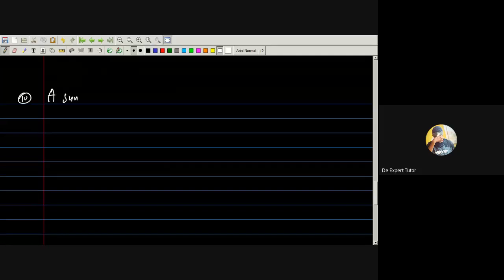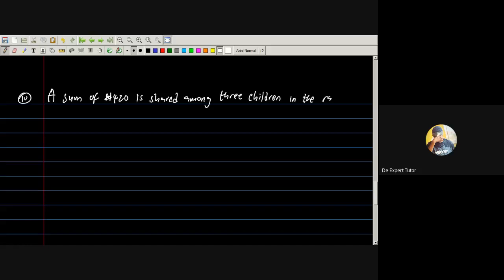A sum of 420 naira is shared among 3 children in the ratio 6:7:8. The largest share is dash.